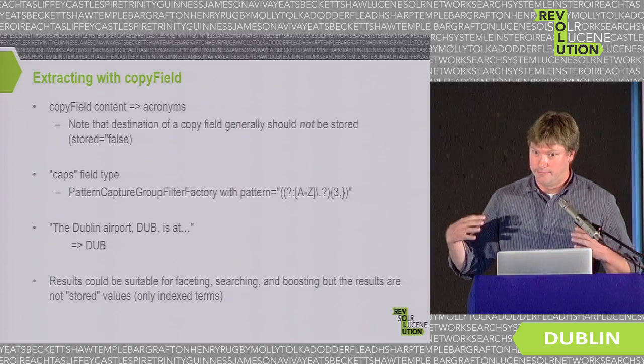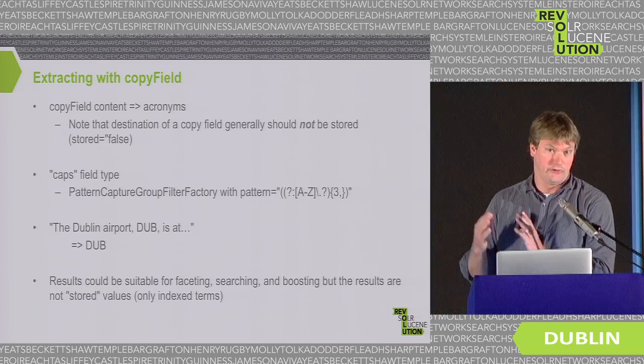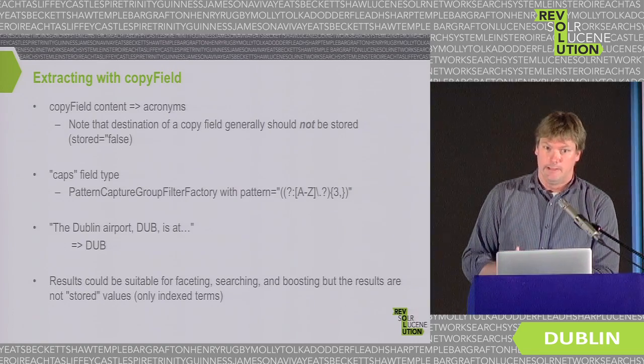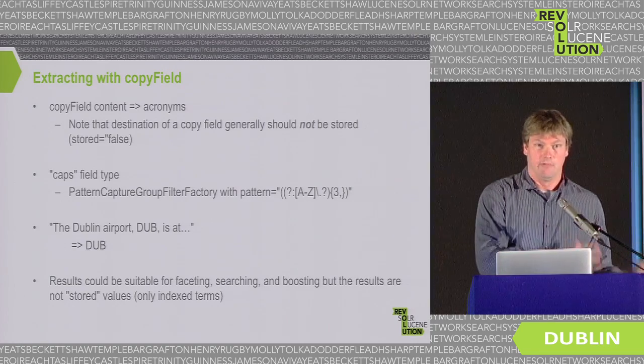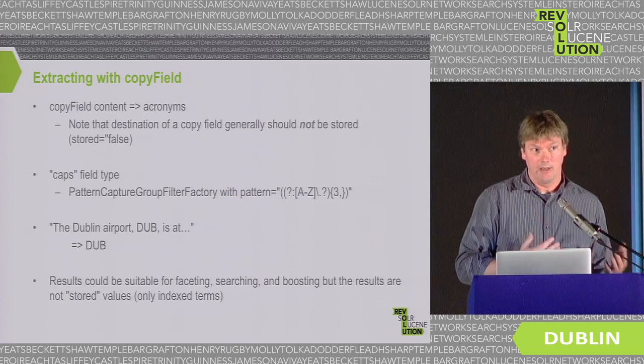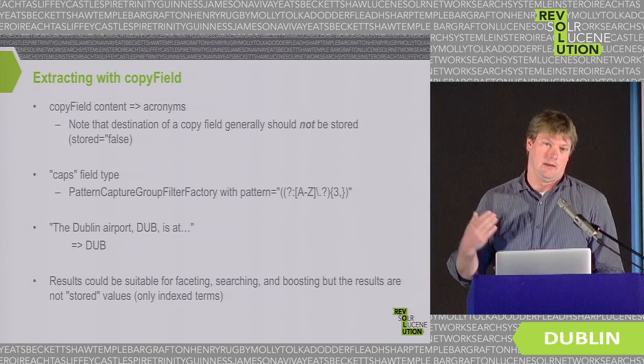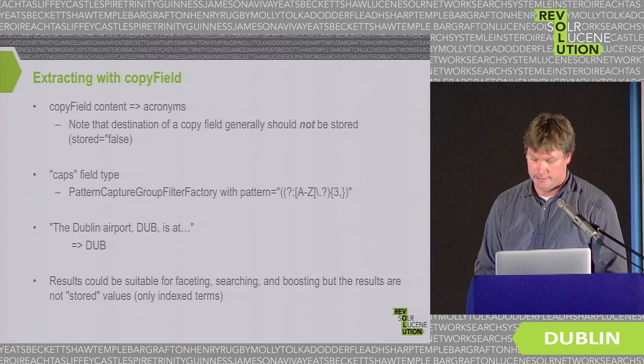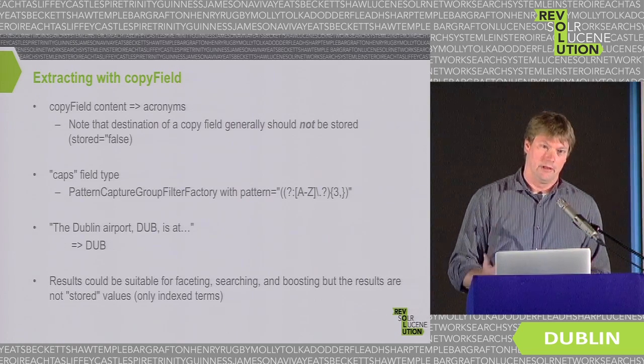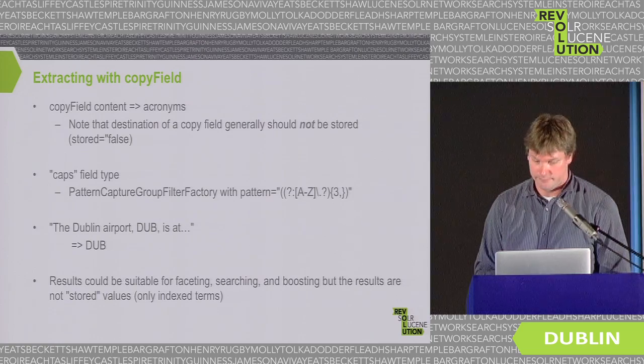Even though the term that comes out of the analysis process is just going to be DUB, the stored value will be the original content that you fed in there. So be careful with this copy field stuff, and cautious about what you're storing there. You really only need to store one definitive version of a field.